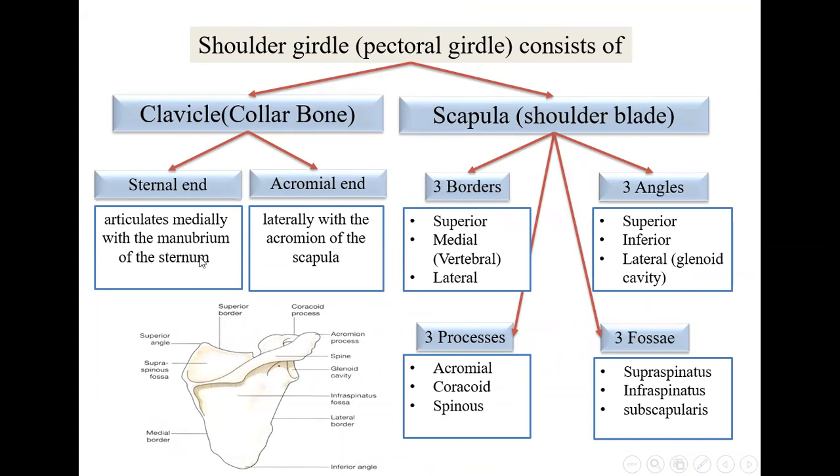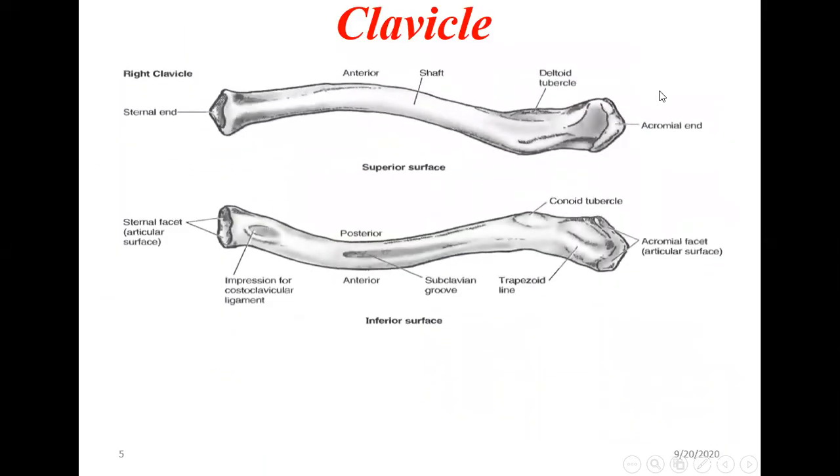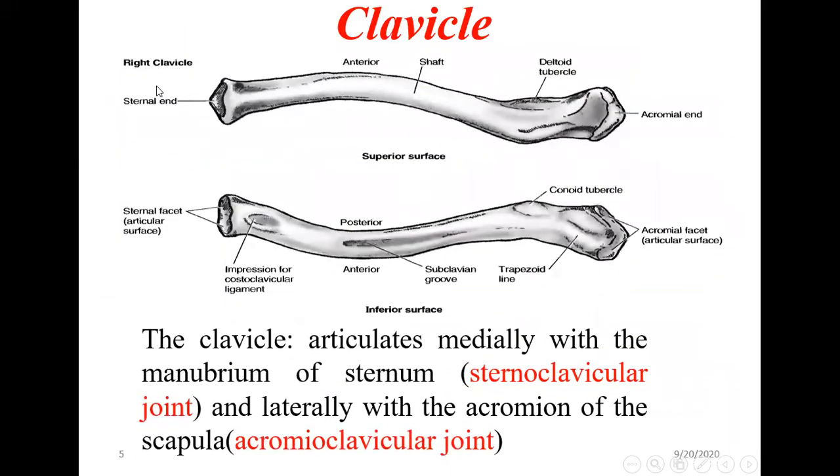We saw last week the sternum with three parts: the manubrium, the body, and the xiphoid process. The manubrium sterni, the upper part, articulates with the clavicle. That part of the clavicle which is articulating is called the sternal end, because it is attached to the manubrium sterni.